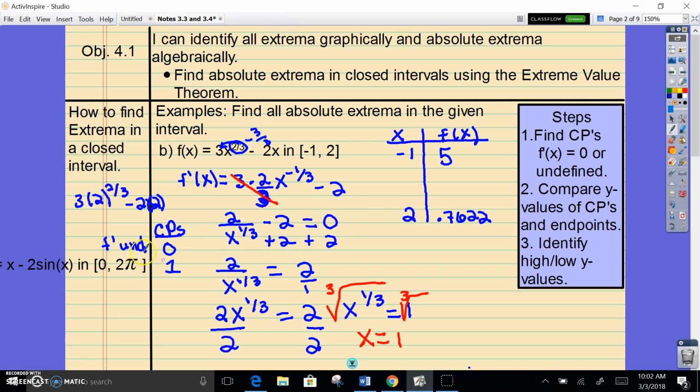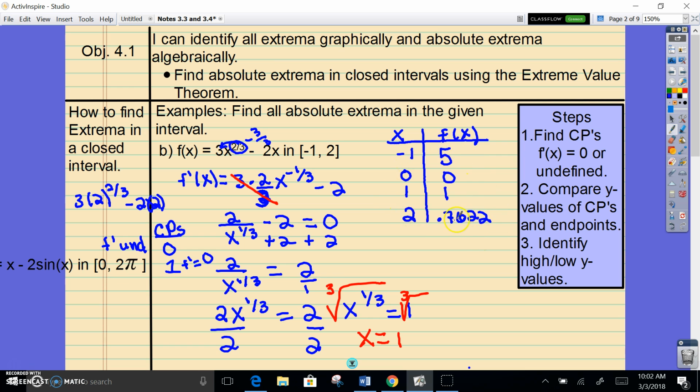The first one came from the derivative undefined. The second one came from the derivative equal to 0. So I'm just going to put those in here. And what I need to do now is check the y values for those CPs. And that is going to come from the original function. You can see here if I put a 0, I will get 0. And if I put a positive 1, that would give us 3 minus 2 times 1, also 1.